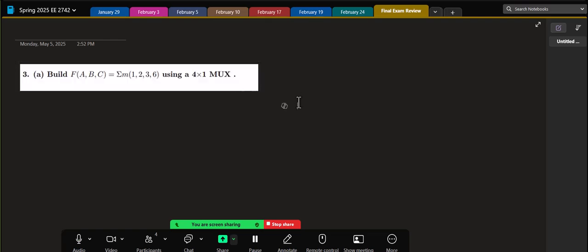So what a 4-to-1 multiplexer does is it has 4 inputs, 0, 0, 0, 1, 1, 0, 1, 1, and it has 2 select inputs, S1 and S0, that tell you which one to choose.